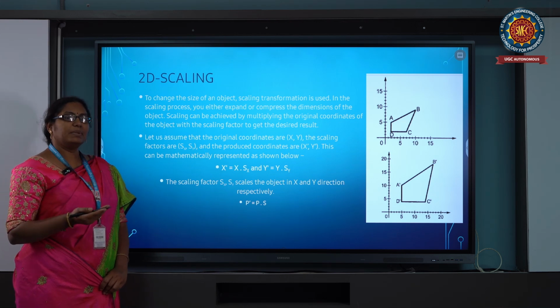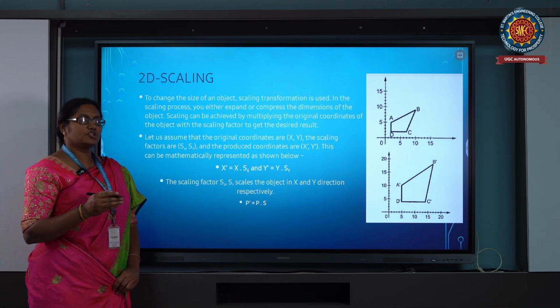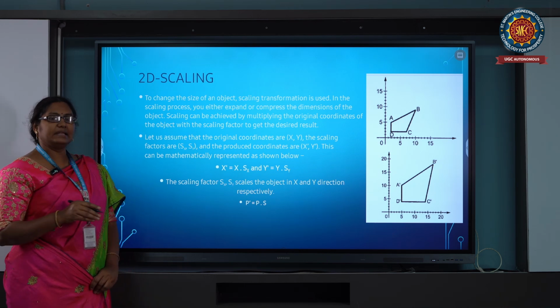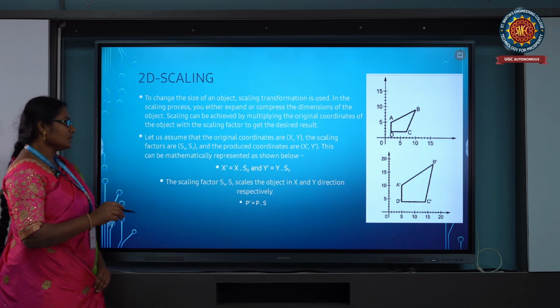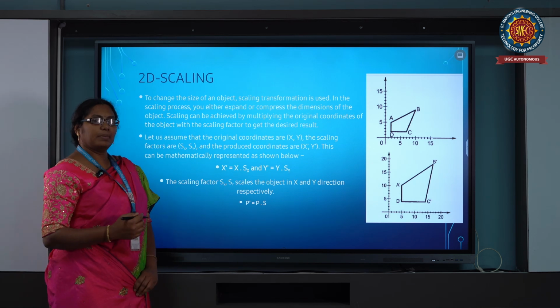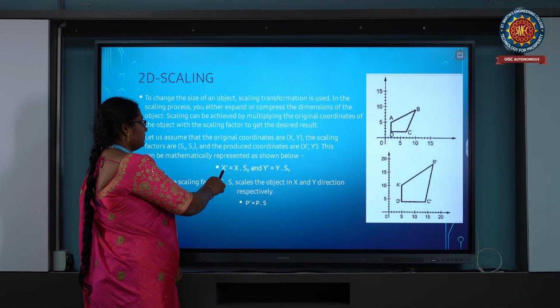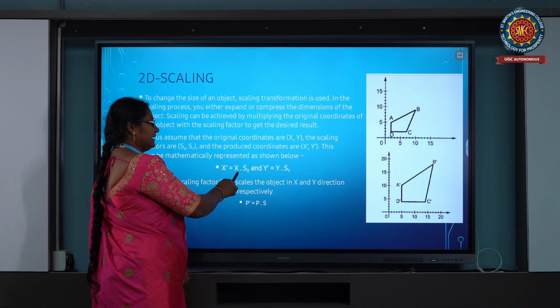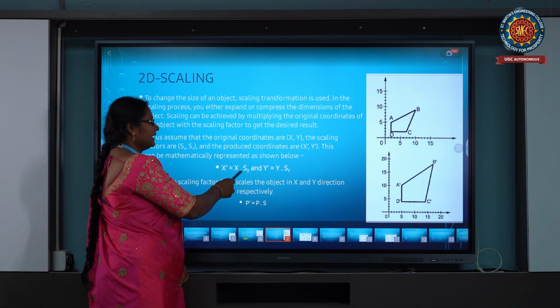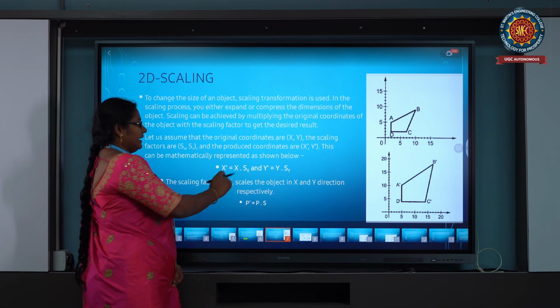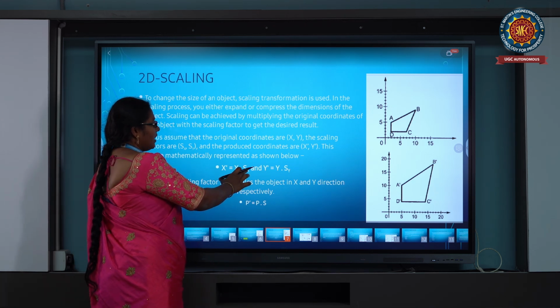We multiply these with the original point in the scaling transformation. So after applying the scaling transformation, the point x dash is equal to x into sx, multiplying with the scaling factor of x.